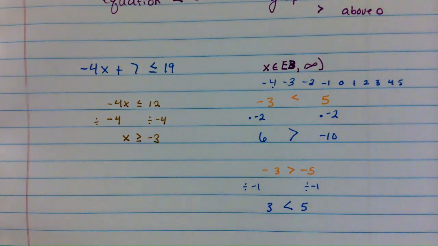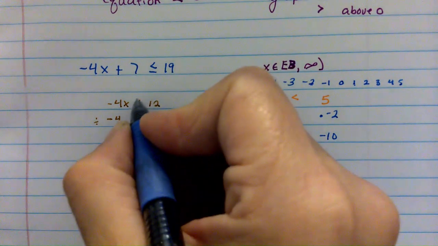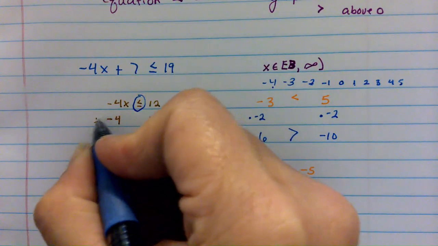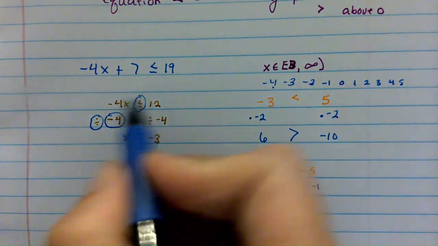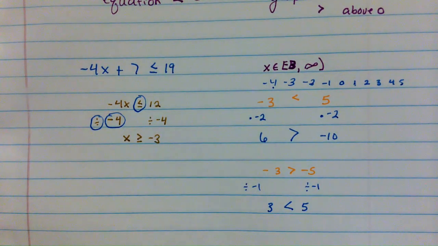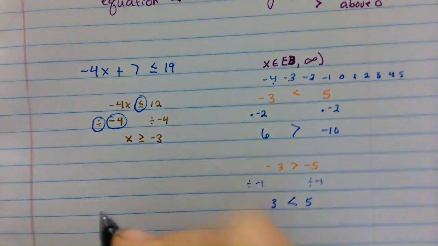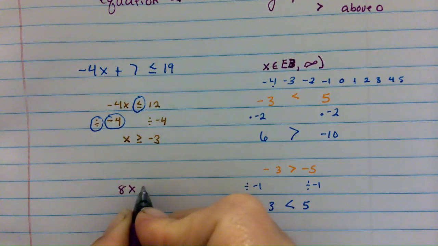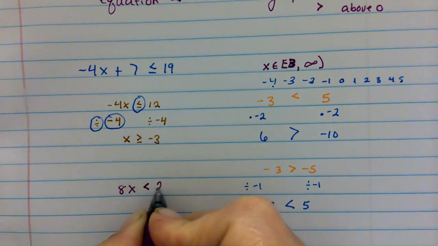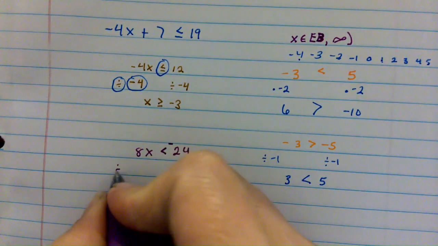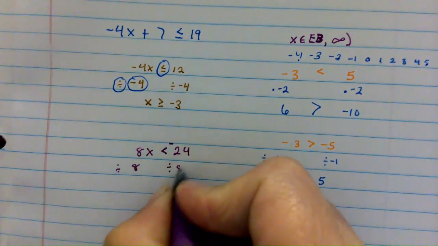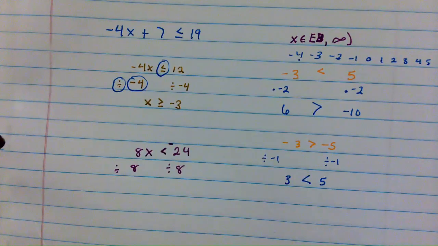So that's why when we multiply or divide an inequality by a negative, it flips. It's not because the negative was there. For example, if I had 8x is less than 24, I'm going to divide both sides by 8. Since that 8 is positive, I'm not changing the sign.